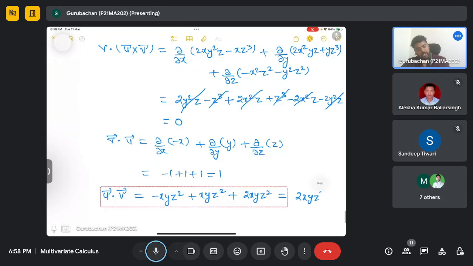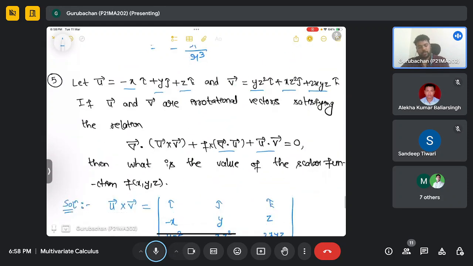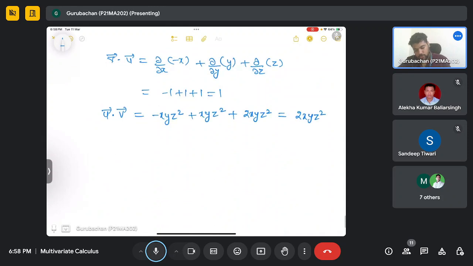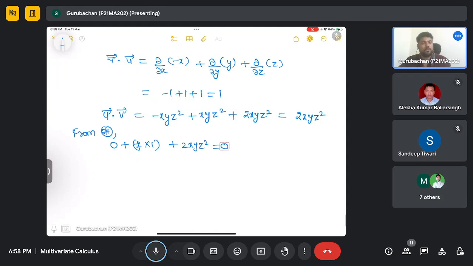So we have three terms involved in the given equation, this star, and we find out all the three values. First one is 0, this one is 1, and this one is 2xyz square. So from here we can say that 0 plus f into 1 plus 2xyz square is 0 from the given equation star.